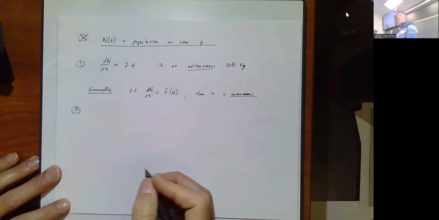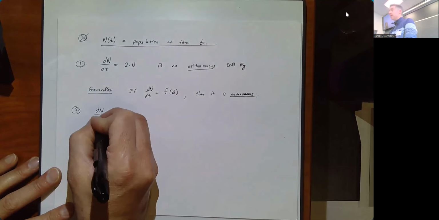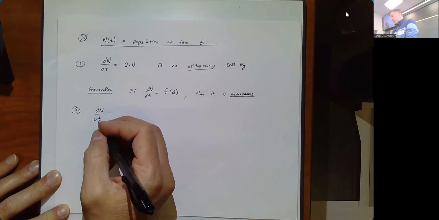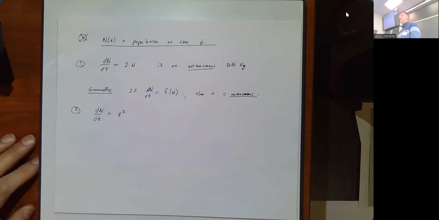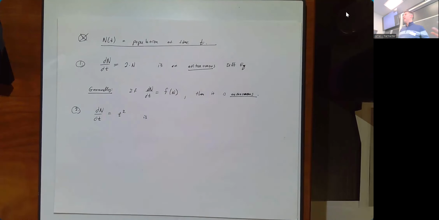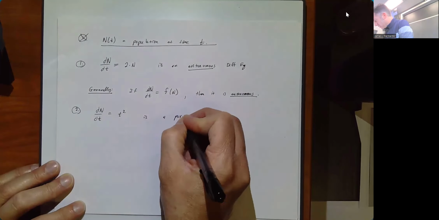The second possibility is that your differential equation only depends on time. So maybe the rate of change of your population is equal to something like time squared. This is called a pure time differential equation. I mean, what a great name. I'm being sarcastic, it's not a great name, it's very unoriginal.